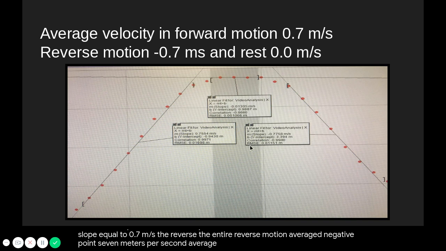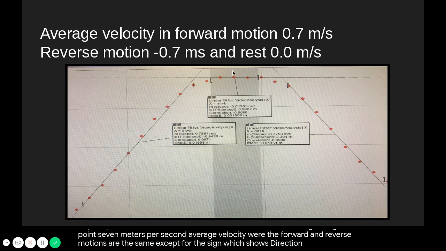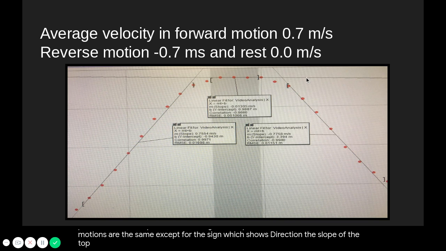Average velocity for the forward and reverse motions are the same except for the sign, which shows direction. The slope at the top you can see is 0, and that shows when the car was at a brief rest.